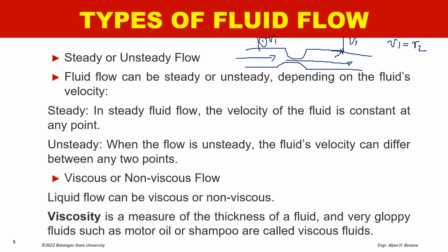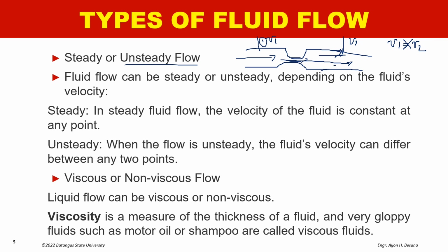So here, velocity 1 will no longer be equal to velocity 2. So the velocity changes. As the velocity changes, the flow is called unsteady flow. Okay, so the flow gets faster here, then the flow gets slower back here.